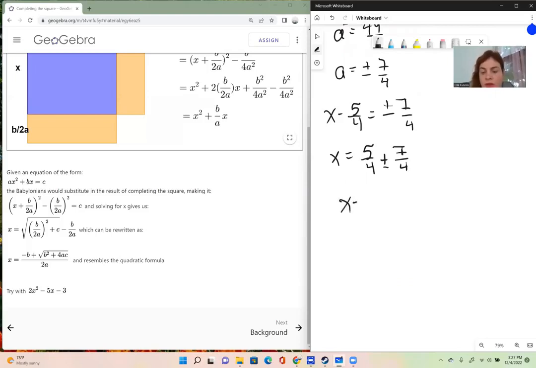So x equals 12 over 4, which is 3, or x equals negative 2 over 4, which is negative 1/2. So there are our two solutions.